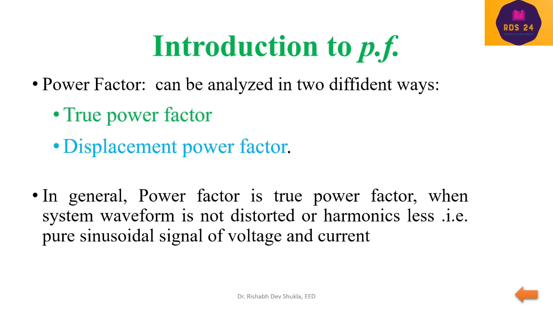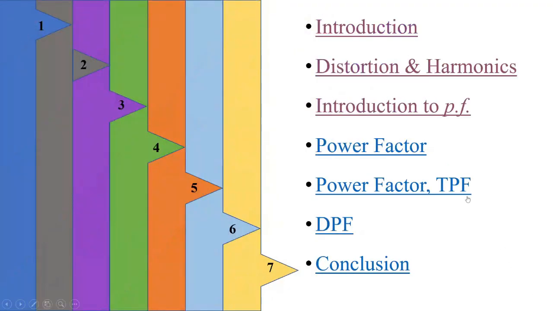That means in general we calculate the power factor, and this is nothing but the true or total power factor when the system is not distorted. Then the DPF and true power factor are the same. When we have harmonics in our waveform, these two terms become distinct from each other. So let us discuss more on the power factor.